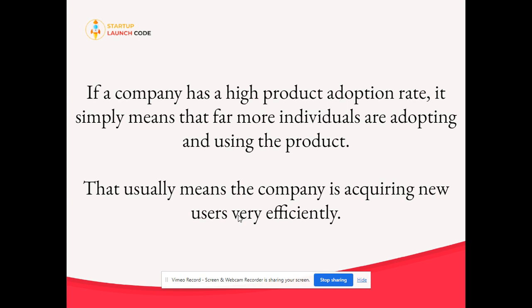So let's say for instance you run a financial institution, a fintech, and your marketing guys run a campaign for people to either download your application or sign up on your platform.